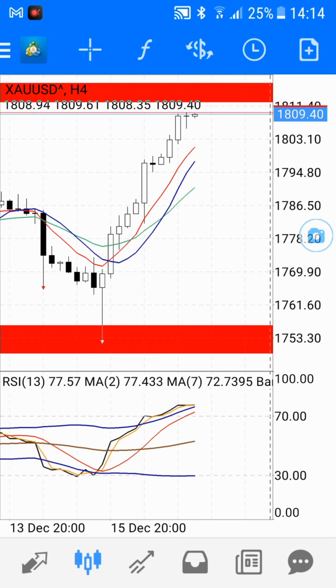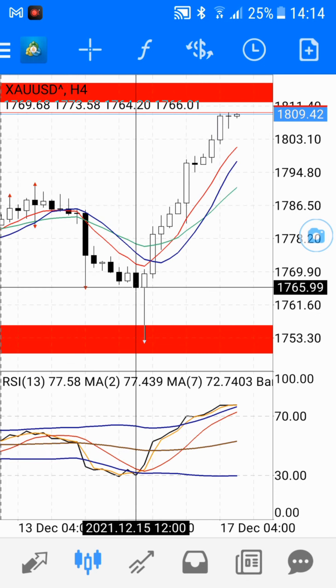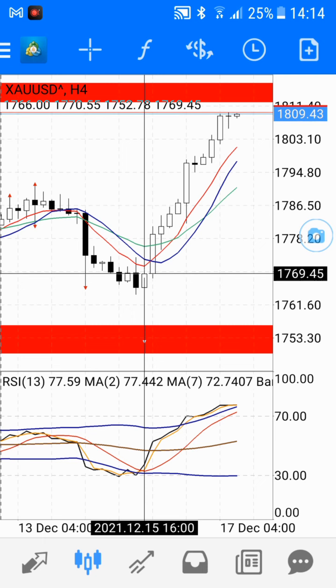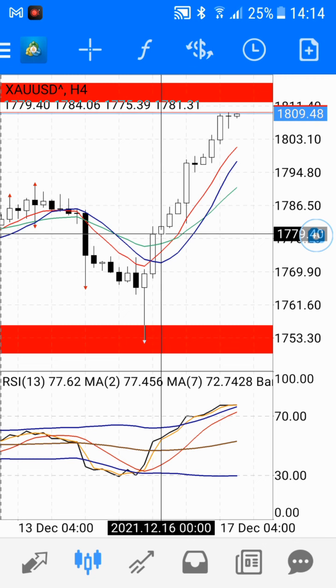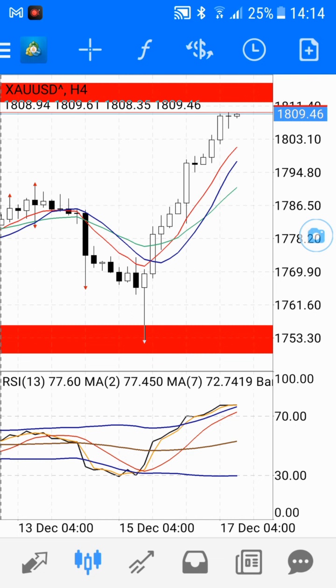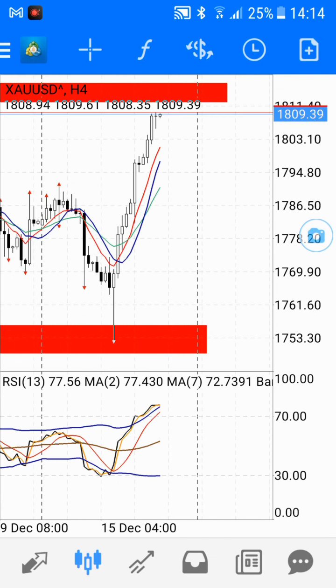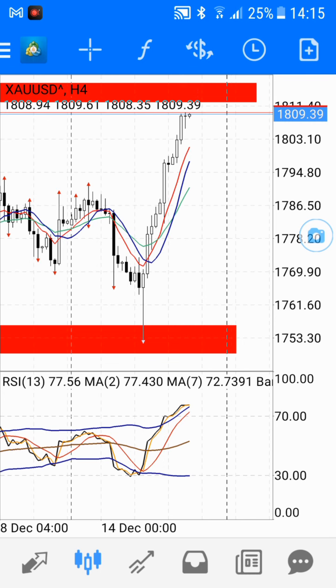So let's zoom in a bit so that you can understand it. We would have waited until that candle there had closed, and we would have entered there. So if we had entered the long there, we would have had a lot of profit all the way up to the top, and we would have been looking at possibly closing now.